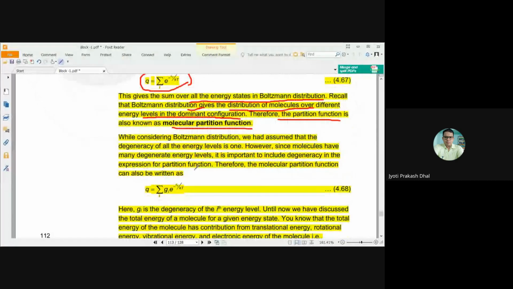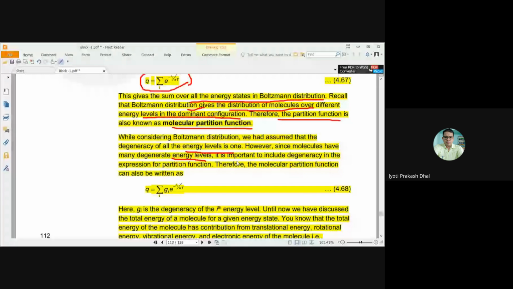While considering the Boltzmann distribution, we assumed that the degeneracy of every energy level is 1, that means a single state. But in the actual case, molecules have many degenerate energy levels, so it is important to include the degeneracy in the expression of the partition function.